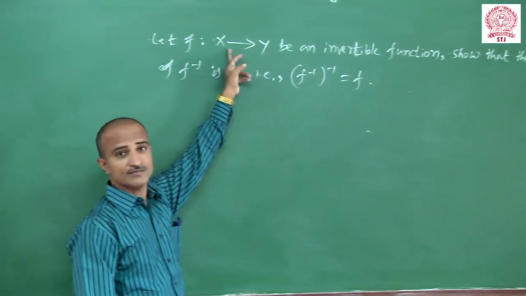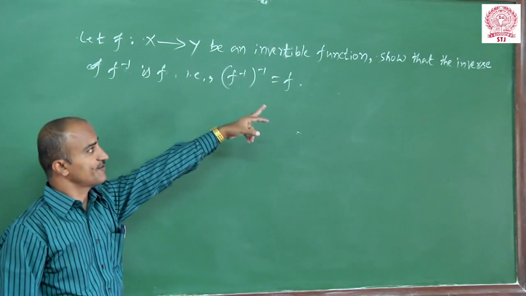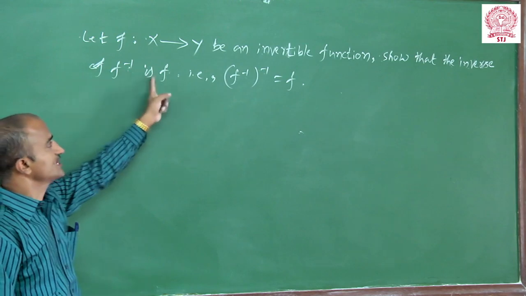Here f is defined from X to Y, an invertible function. Show that the inverse of f inverse is f.